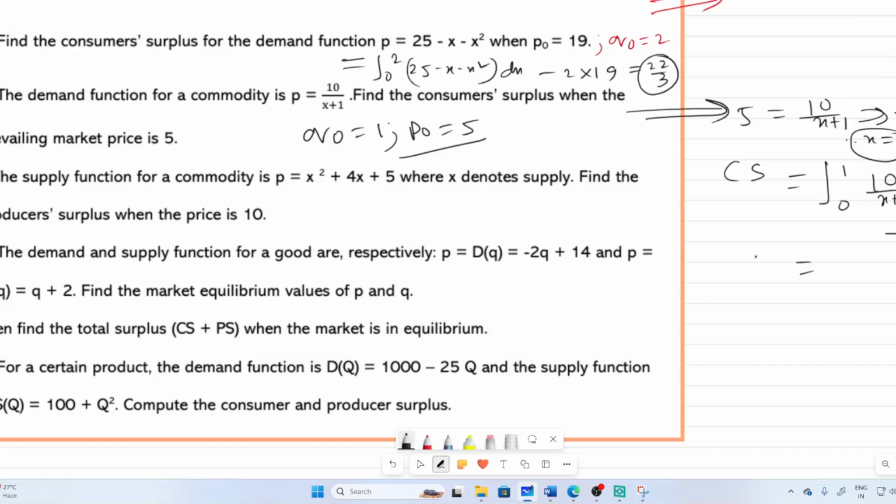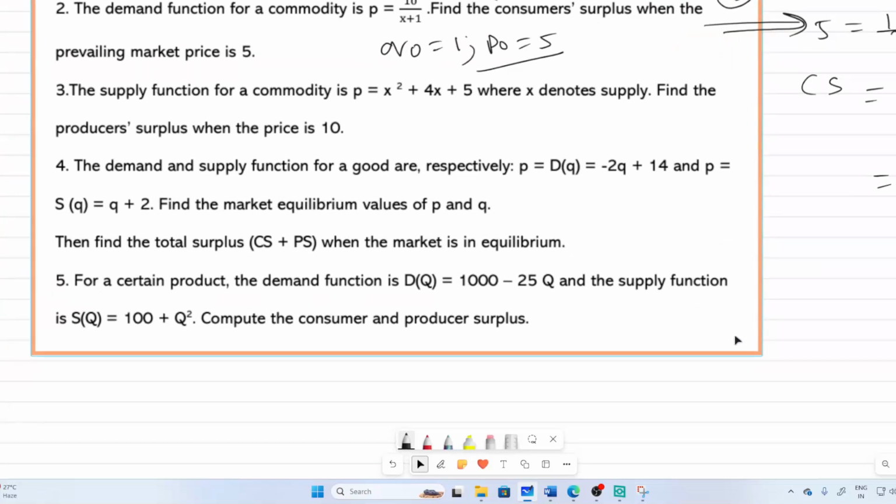So just simplify it: 10 log of X plus 1, minus 5, giving 10 log 2 minus 5. Alright, I hope all of you have understood. In the same manner you will solve number 3, but here the supply function is given.